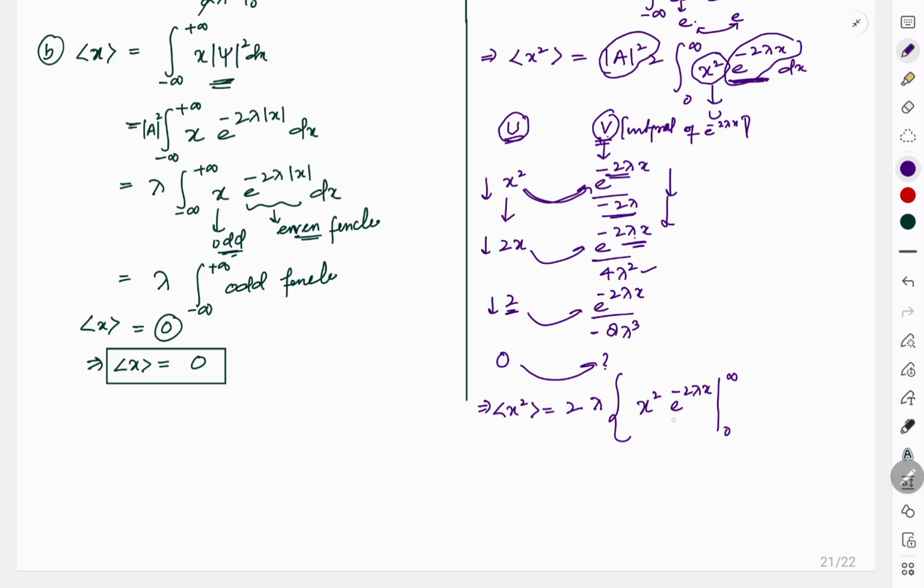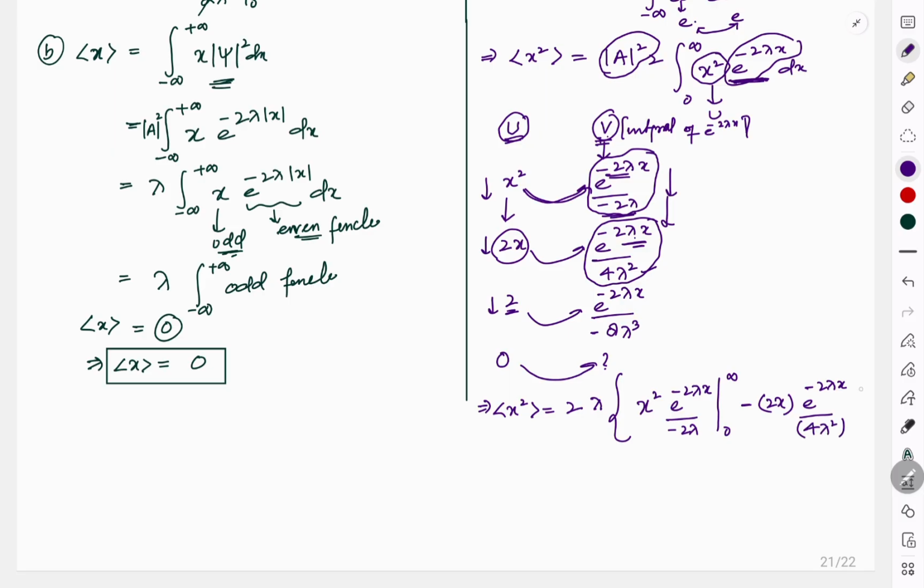Is there anything we forgot? Yes, minus 2 lambda, because this whole thing is v. Okay, then minus times 2x, this is this part and this whole part, e power minus 2 lambda of x divided by 4 lambda square.